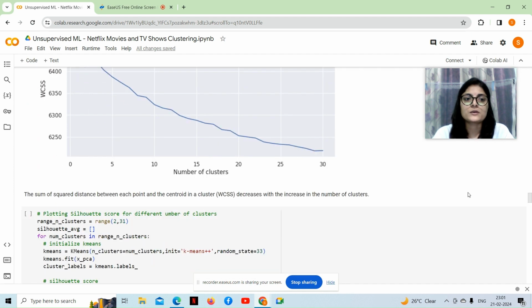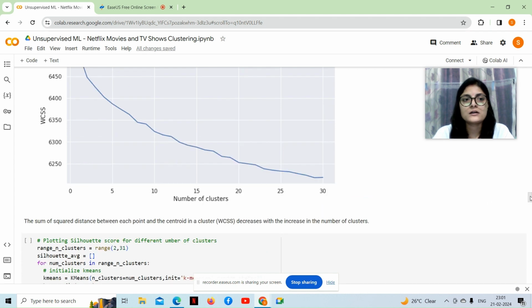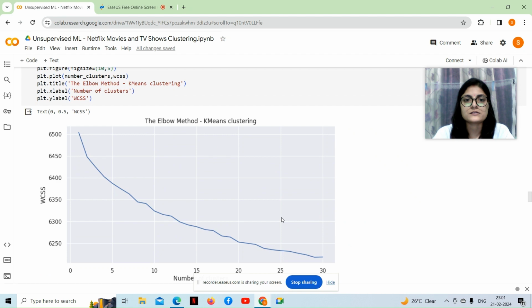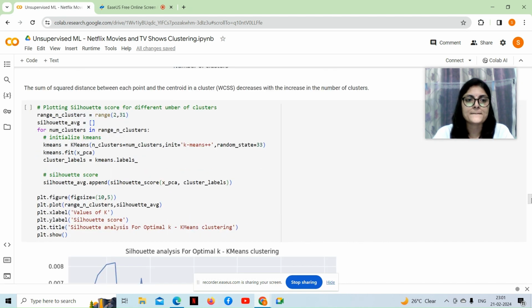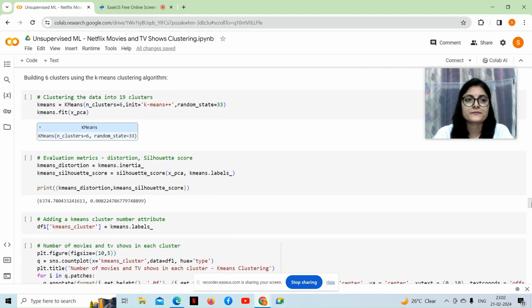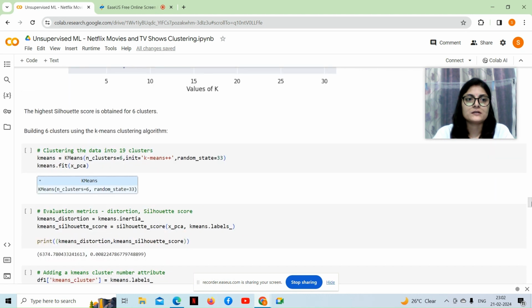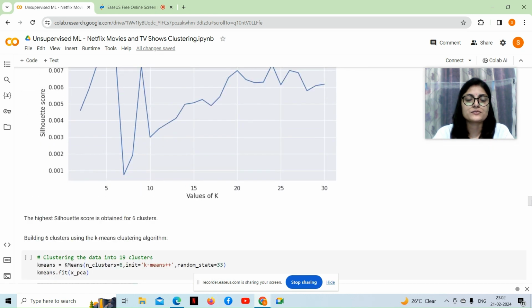The sum of squared distances between each point and centroid in clusters decreases with the increase in the number of clusters, as you can see. Then the highest silhouette score is obtained for six clusters, and we are building six clusters using the k-means clustering algorithm.